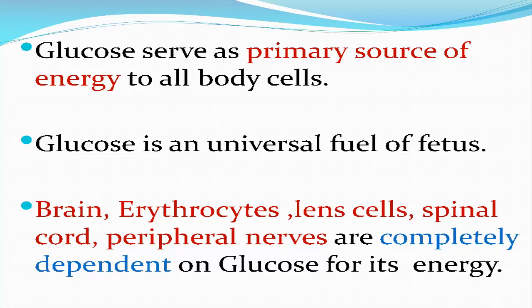And some tissues like brain, RBC, lens, spinal cord, peripheral nerves are almost completely dependent on glucose. They can only use glucose as fuel and nothing else. Some other cells can use other fuels like fatty acids, but these cells like brain, erythrocyte, lens, etc., almost completely depend on glucose for their energy.